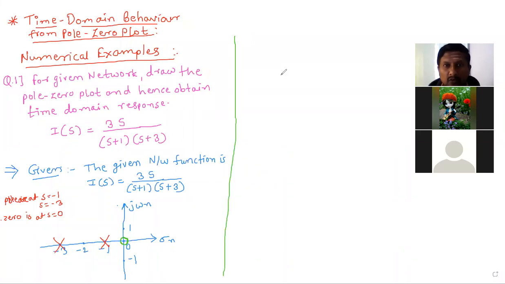After that, we have to write the network function. The network function I of s can be written by using partial fraction expression.